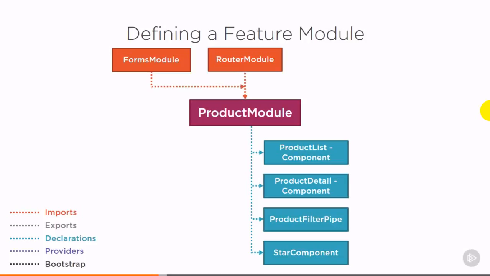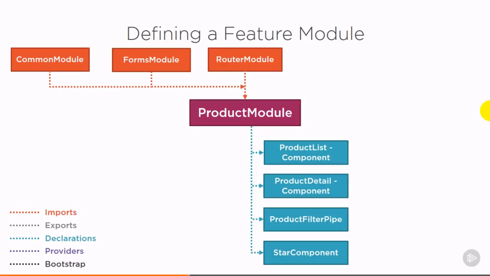The browser module should only be imported into the root application module, app module. Instead, we import the system common module. The common module exposes the ngFor and ngIf directives. Not surprisingly, the browser module itself actually imports and exports the common module, which is why we have access to ngFor and ngIf when we import browser module in our app module.